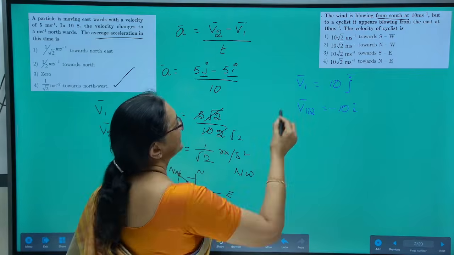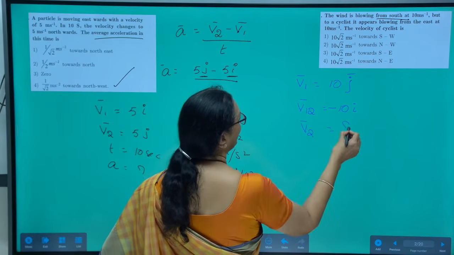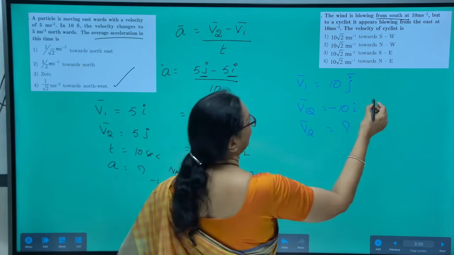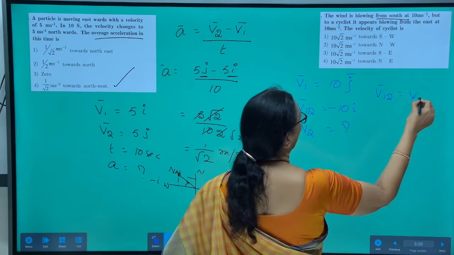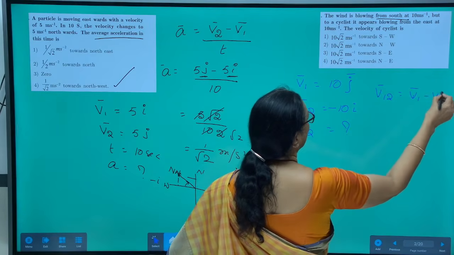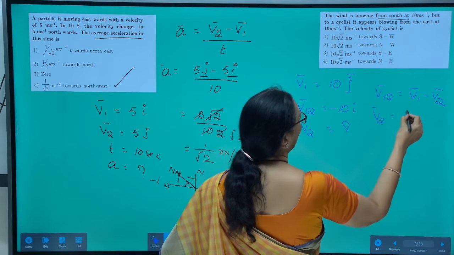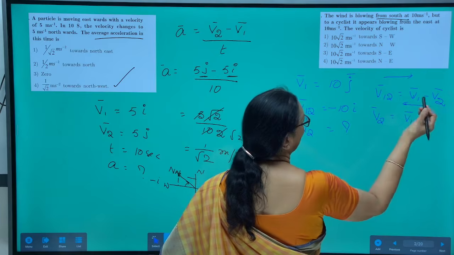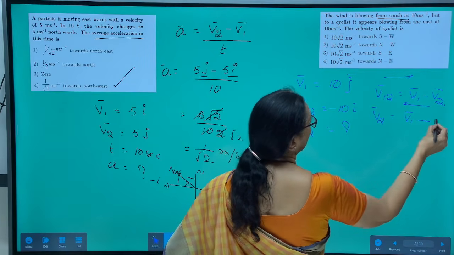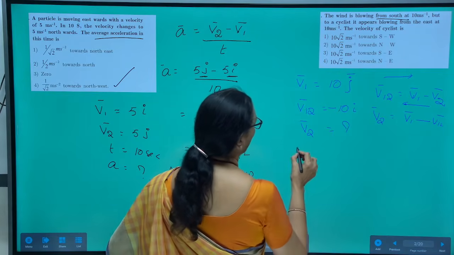Okay, what is the velocity of the cyclist? From the relative velocity concept, V12 bar is equal to V1 bar minus V2 bar. From that, V2 bar is equal to V1 bar minus V12 bar. Substitute this here.